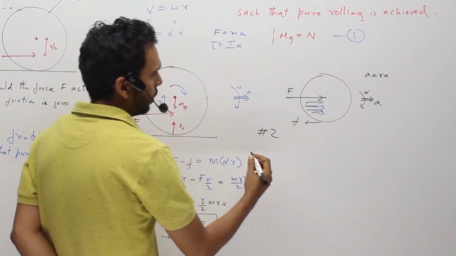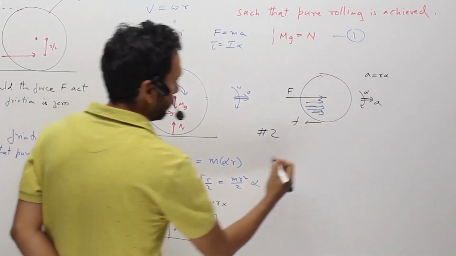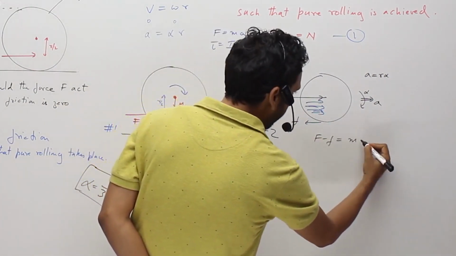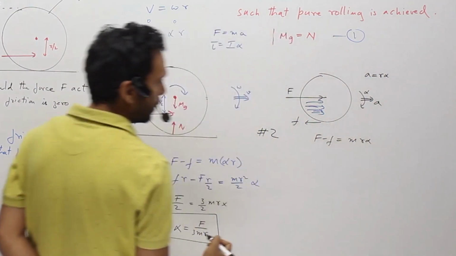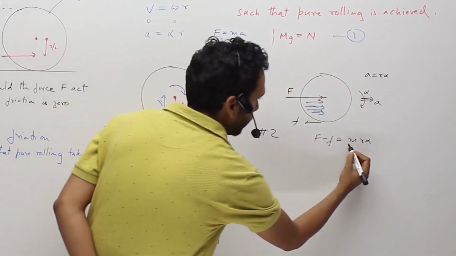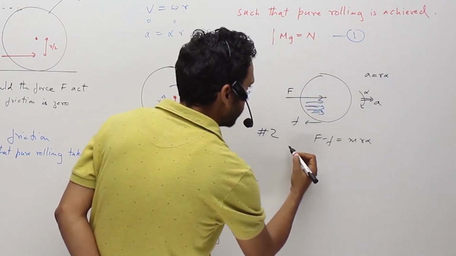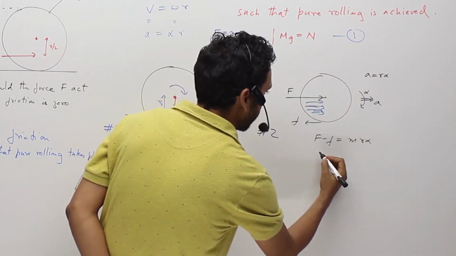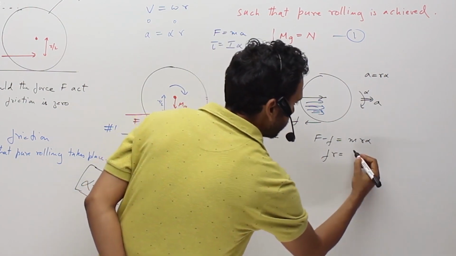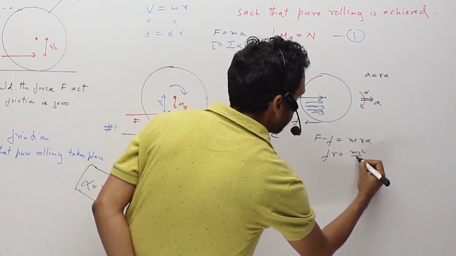So what we have over here is, again, the first equation remains the same. F minus f is equal to MA or MR alpha. That's your equation for the center of mass. Equation number 2 would be the torque equation. Here the torque is only by f, so f times R is equal to I alpha.